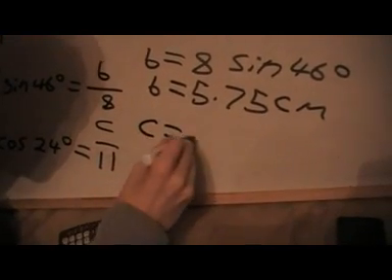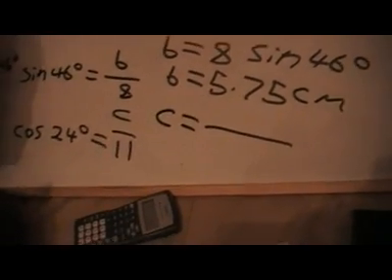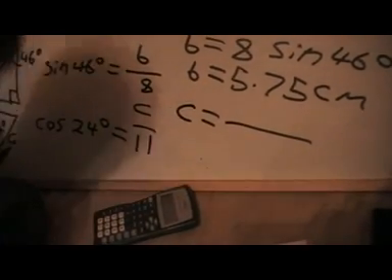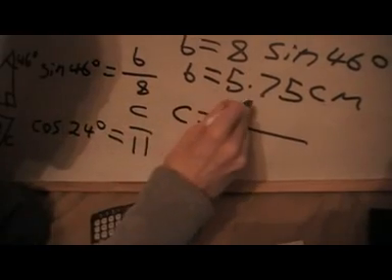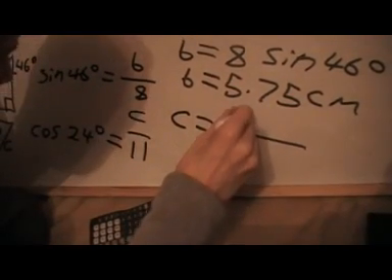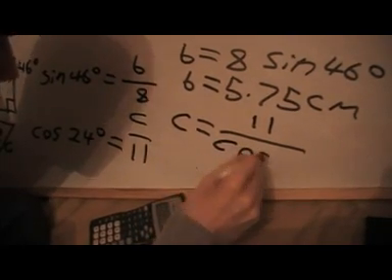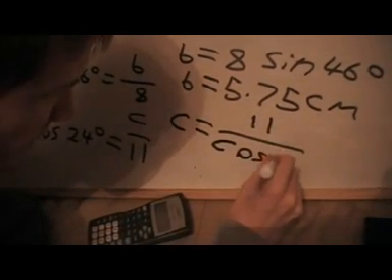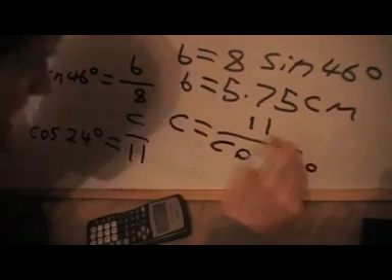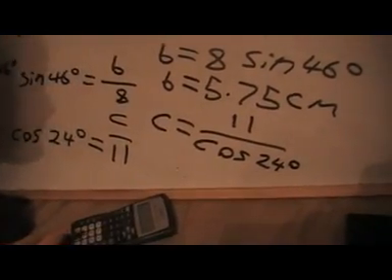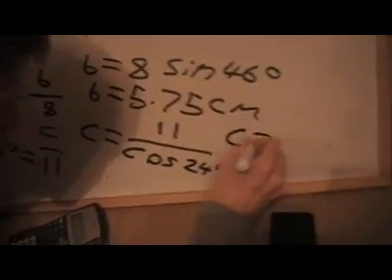we'll rearrange this, so we'll get C is equal to 11 over cosine of 24 degrees. So then we can type that in our calculator.